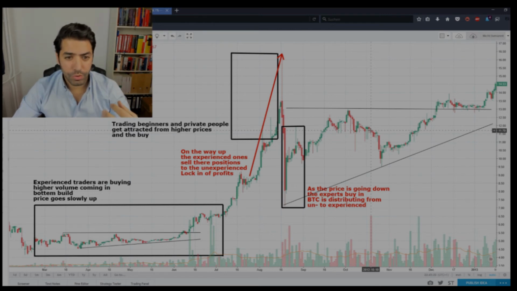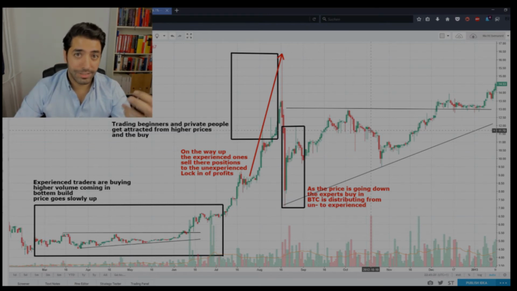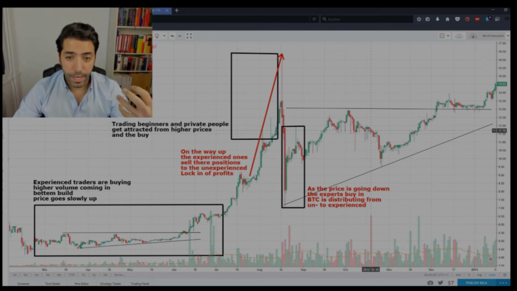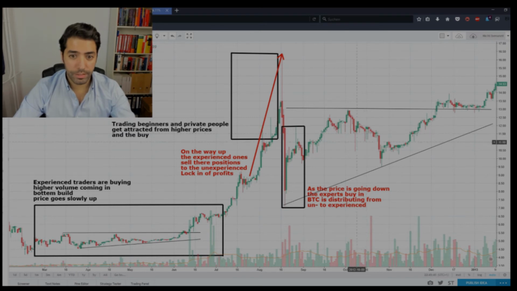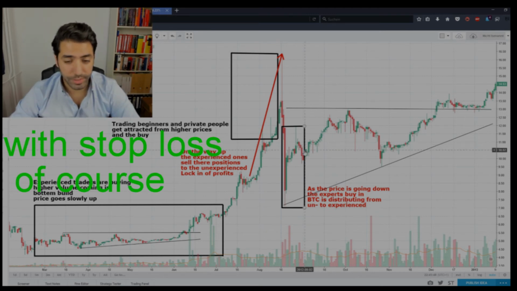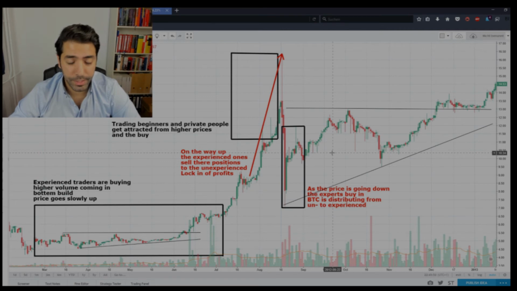So try to understand how other traders, other market participants are trading their positions. What would they do? Where am I now, in which phase of the trend am I? Is it maybe too late or not? Or if I'm going in, I should have proper risk management, so don't trade without stop losses, and cut my losses if they are appearing.